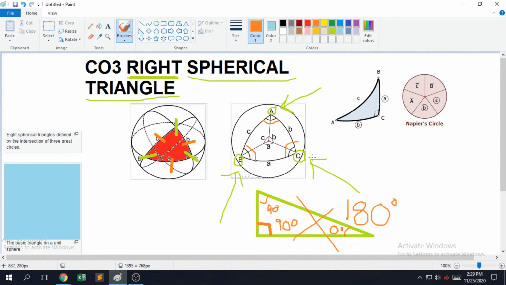That's possible for a spherical triangle. So again, in a spherical triangle, there should be only one 90-degree angle for it to be considered right. If there are three or two, then that is not.